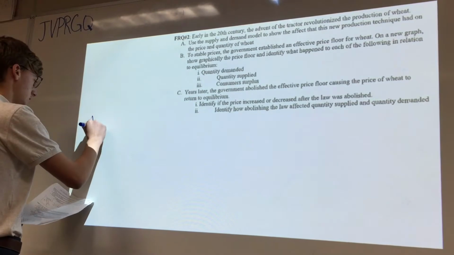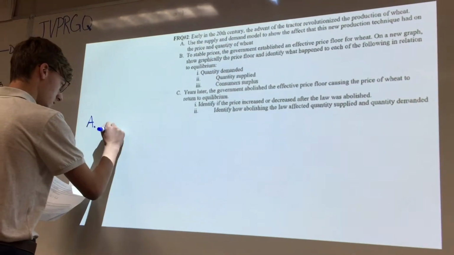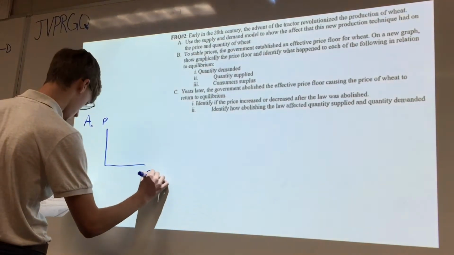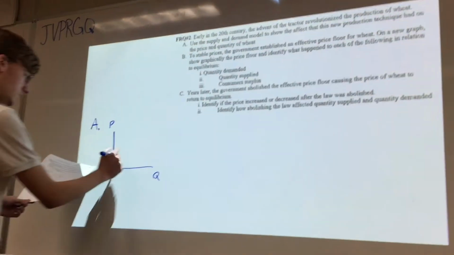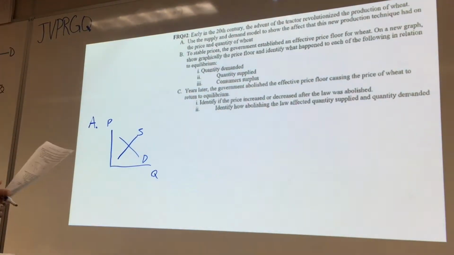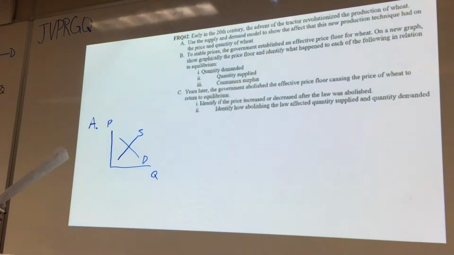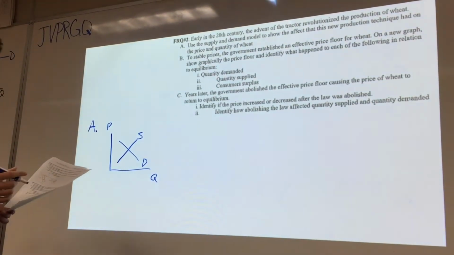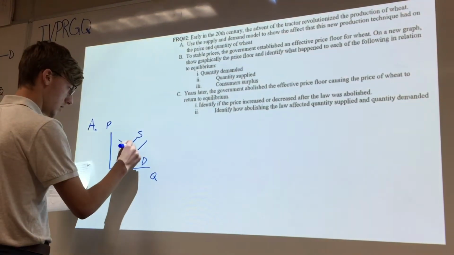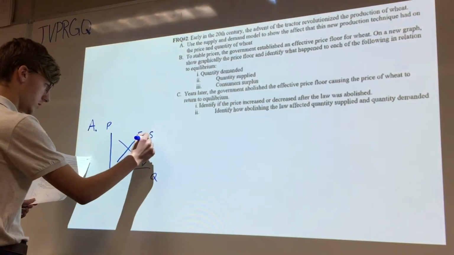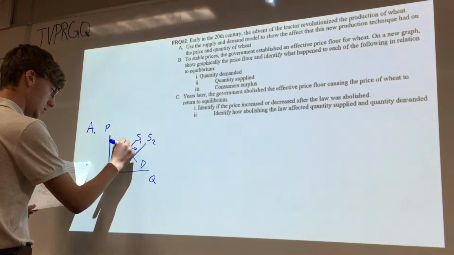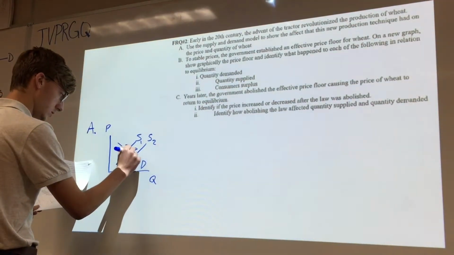So for A, price and quantity, have supply and demand, and the tractor revolutionized the production of wheat, and the technology will increase the supply of wheat. So this is S2, this is S1, and this is E1 to E2.